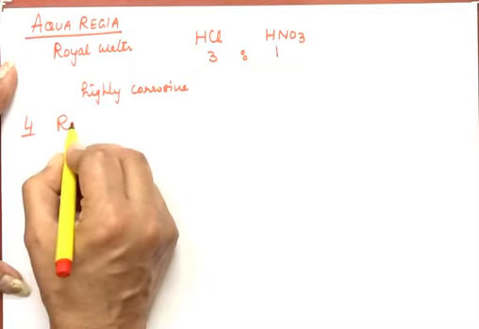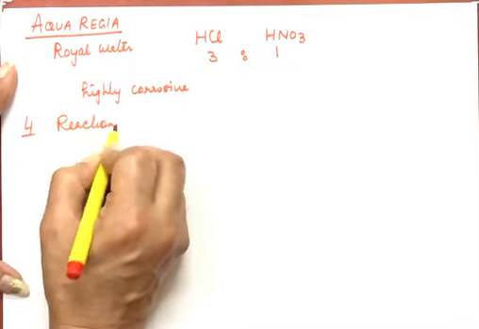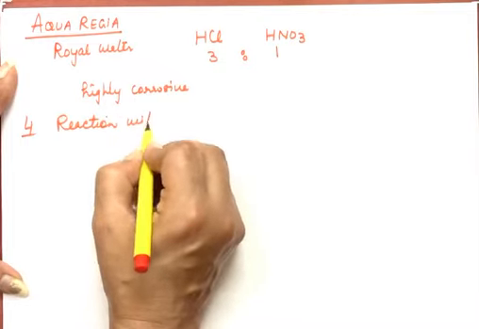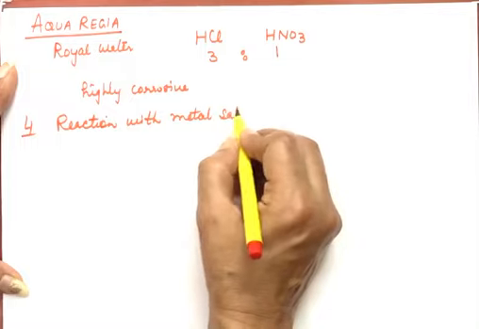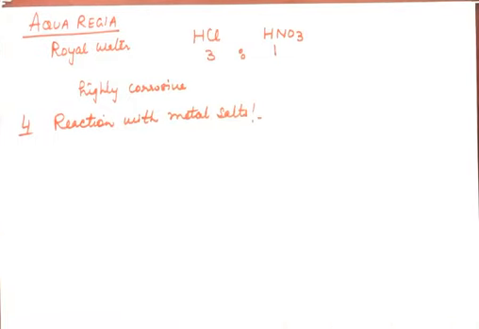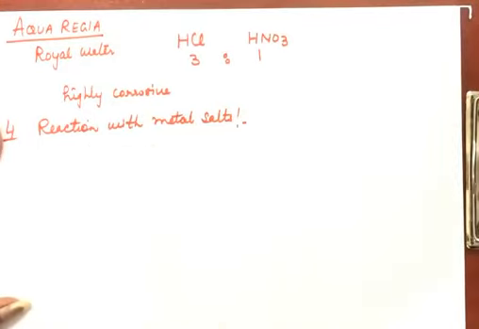Now the next property, the last chemical property of metals, is reaction with metal salts. From the above reactions, it is clear some metals are more reactive, some metals are less reactive.